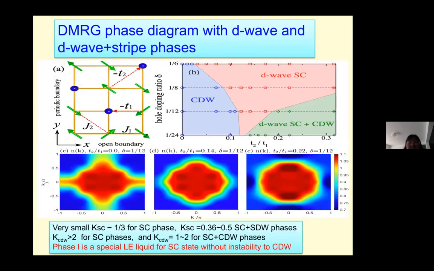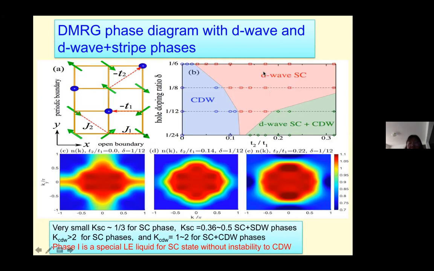So let me summarize this part of the talk with the DMRG phase diagram. We identified the CDW phase, the uniform d-wave superconducting phase, and the d-wave superconducting and CDW coexisting phase.